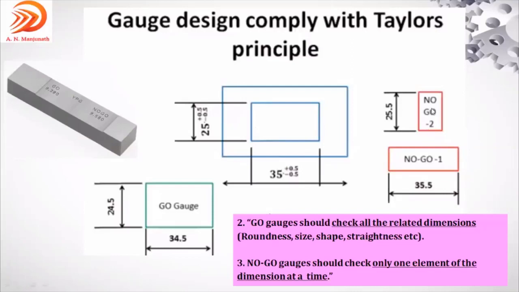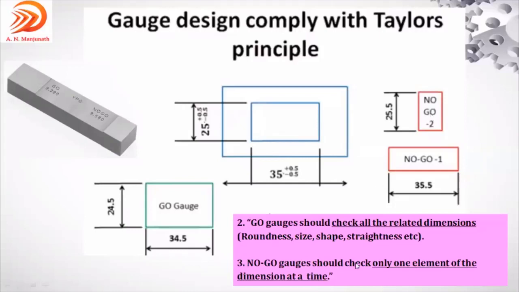Then they will take the second one and try to pass it through the component, because it is 25.5, nearly exactly the size of this limit. Again, it won't enter. As the name represents, it is no-go. Then the component is acceptable.